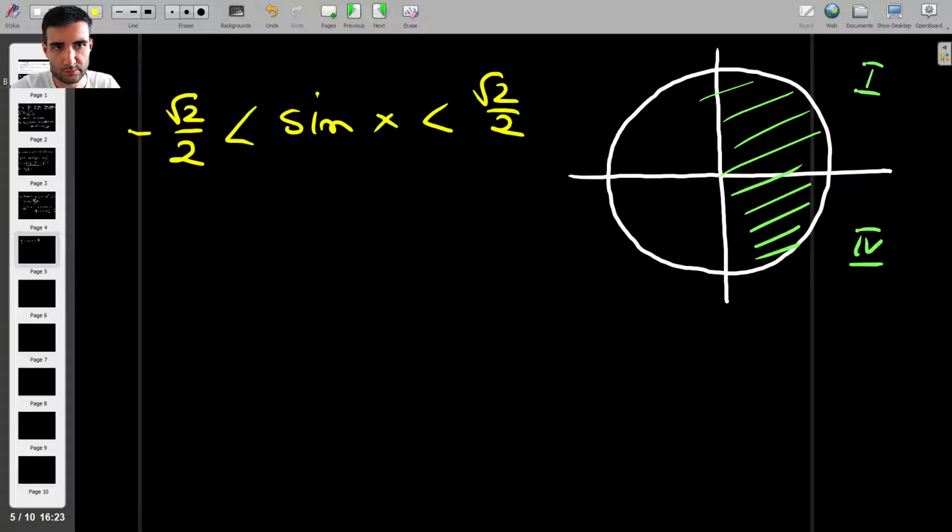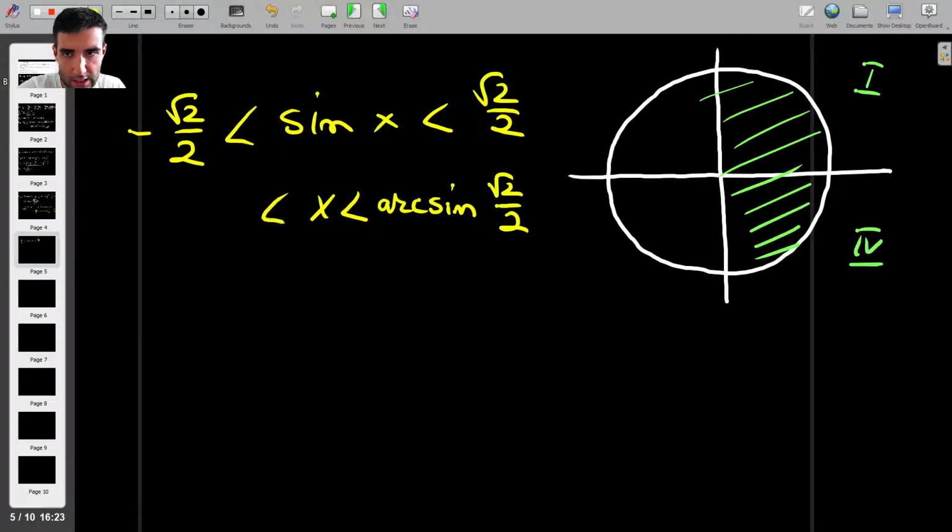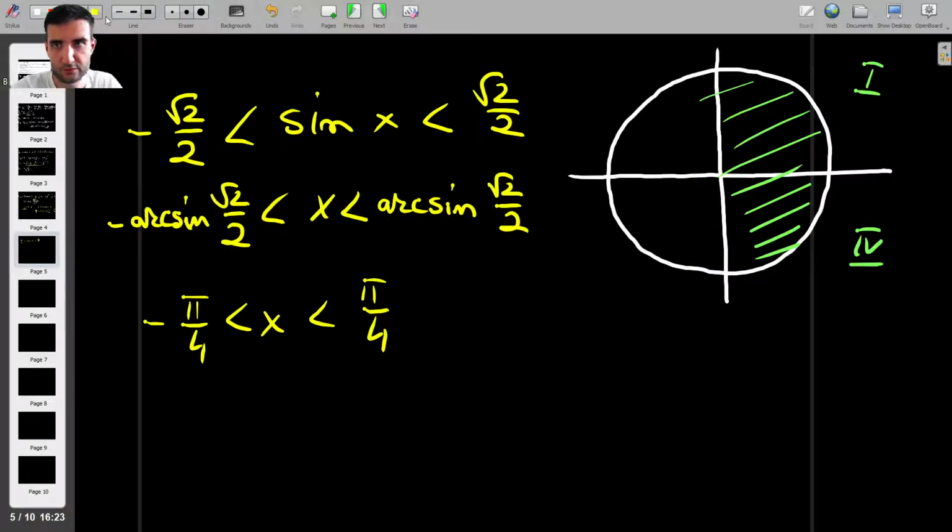In other words, x should be between −arcsine of root 2 over 2 and arcsine of root 2 over 2, since arcsine is an odd function. So x should be between −pi over 4 and pi over 4. The correct range of x is going to be this one.